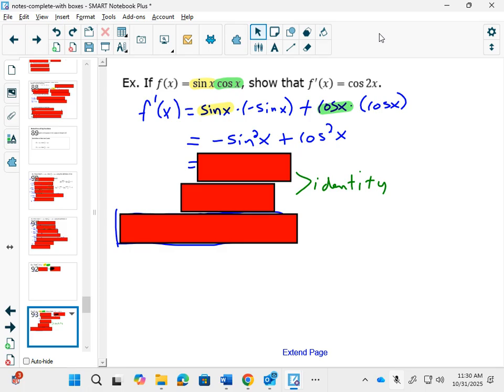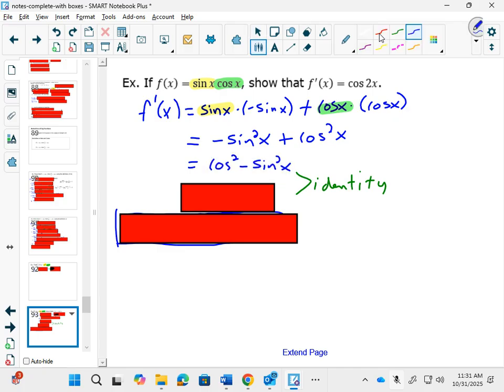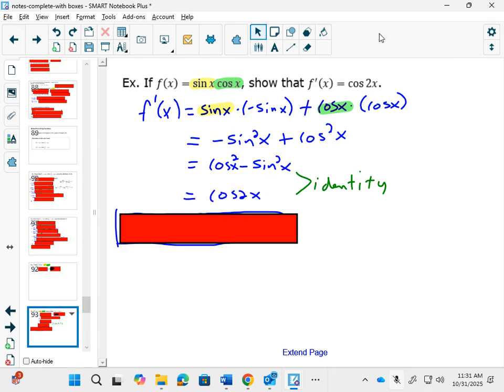Maybe you recognize that as one of your double angle formulas, right? Cos squared x minus sine squared x. I forgot the x. You could immediately change that to cos 2x. So we have to know double angle identities.